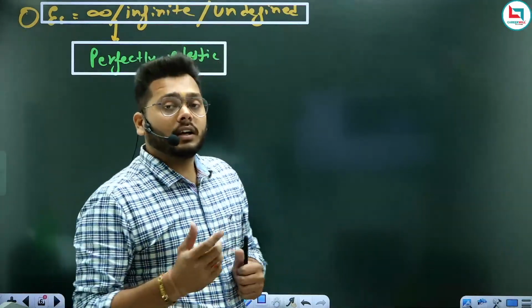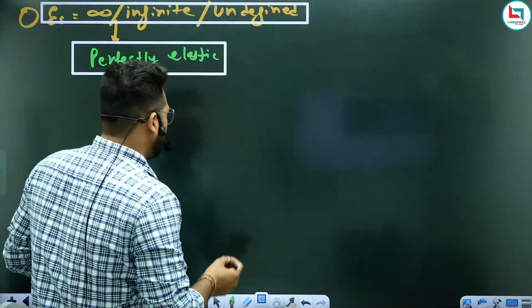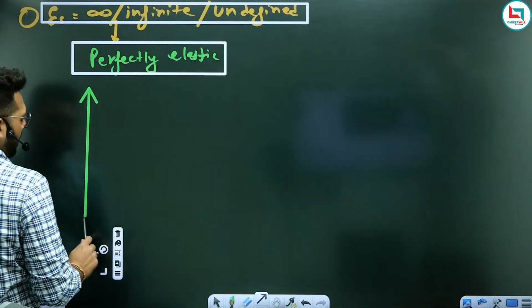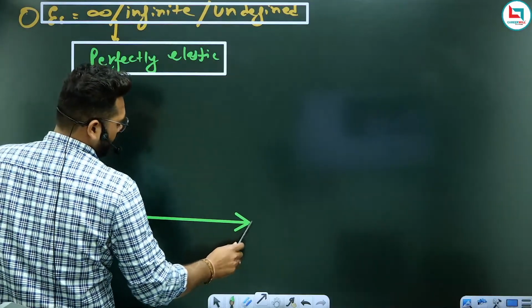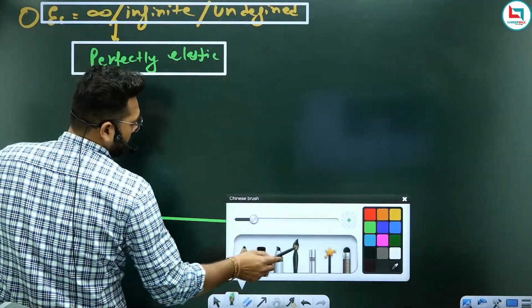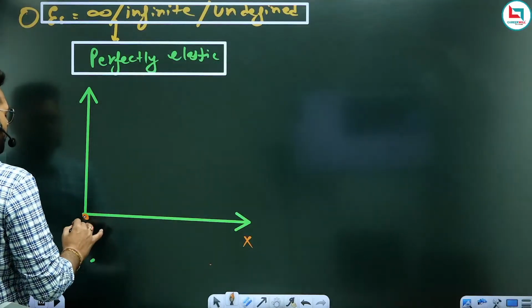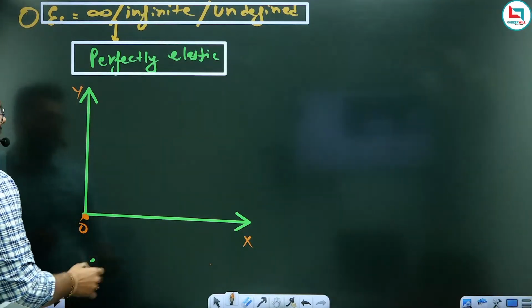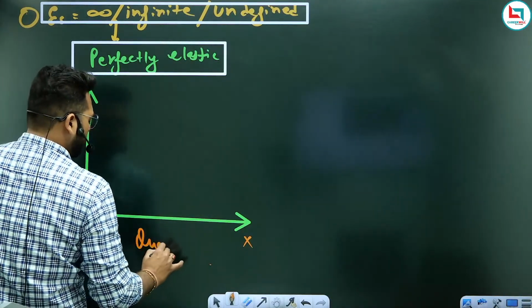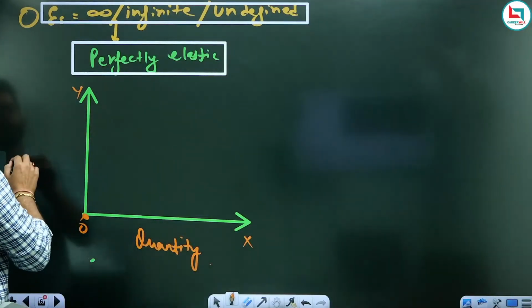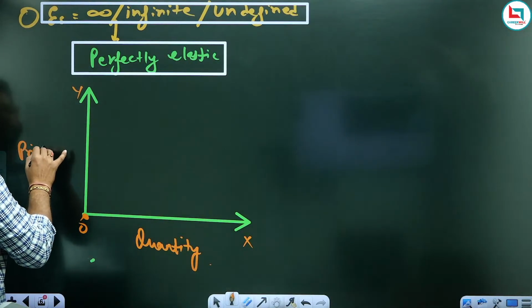So what will be the curve of the perfectly elastic, that we need to understand. So let's say this is the x-axis, and this is the y-axis. Now this is quantity, and this is the price of commodity.